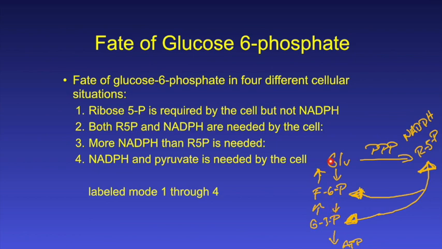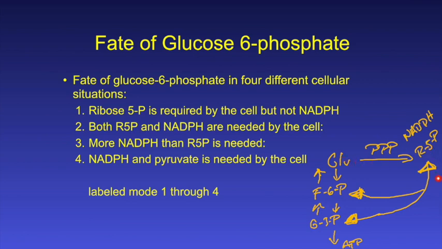I could run them back up to glycolysis, to glucose, and then go again. And if I do this, I create lots and lots of NADPH without making a lot of ribose. What if I want this and ATP? I run it this way. I take the ribose and I go down and make ATP.